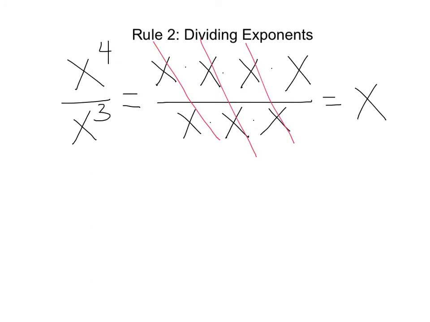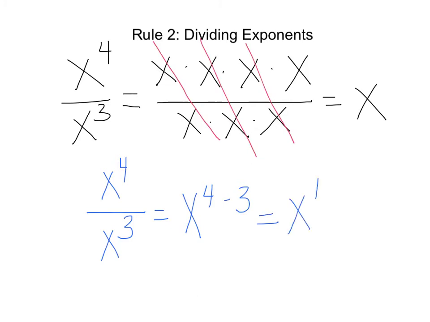Okay? So that means the rule is that if we have x to the fourth divided by x to the third, this is the same as x to the 4 minus 3 power. 4 minus 3 is x to the first.